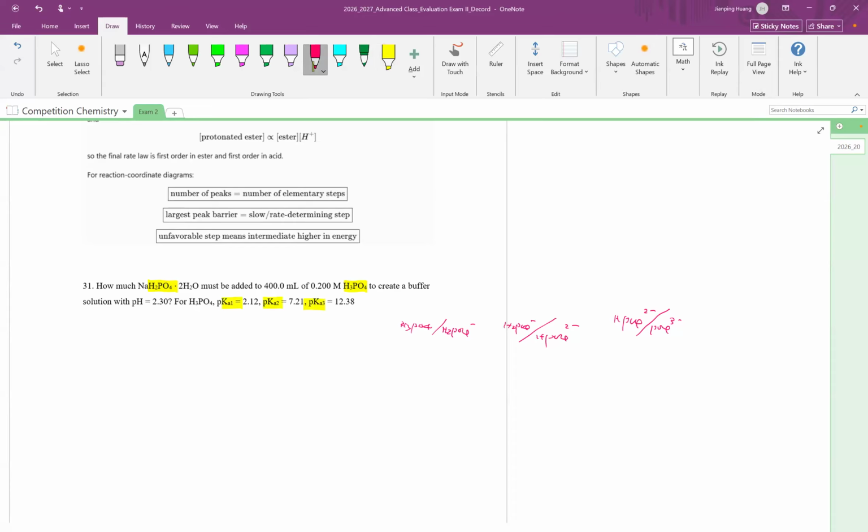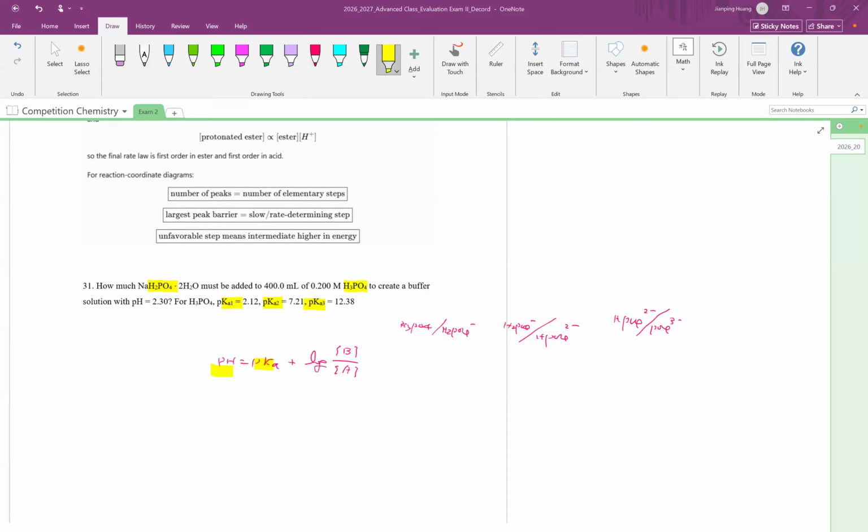The first one, we need to choose the buffer pair. For a buffer, we need to choose the acid and the conjugate base. How are we going to choose it? pH equals pKa plus log of the base over the acid. When we do this question, how are we going to make a buffer? Did you remember? You want to check the pKa close to the pH.